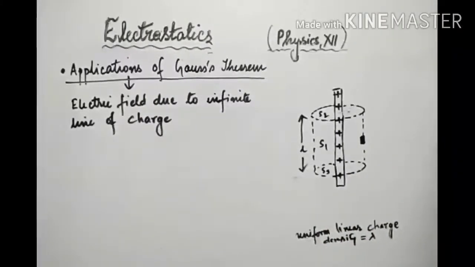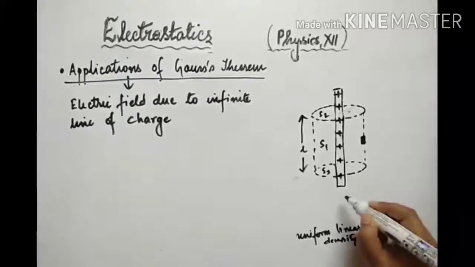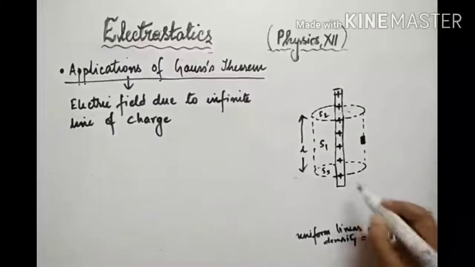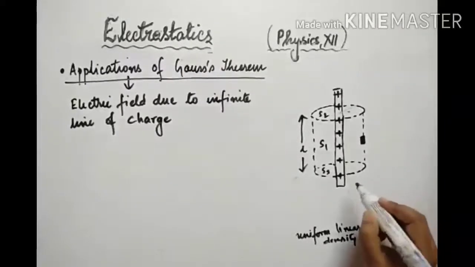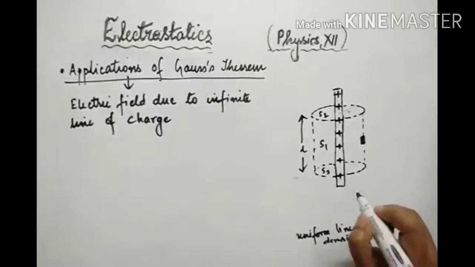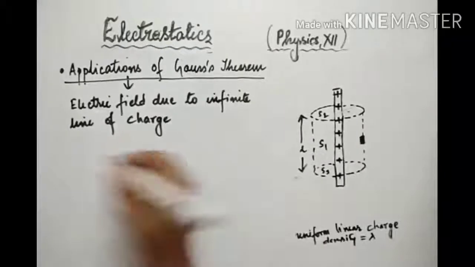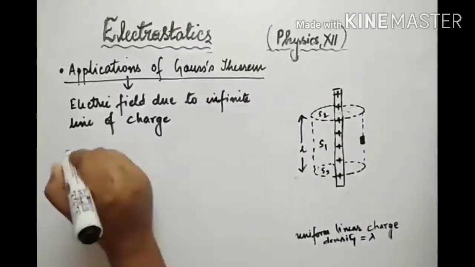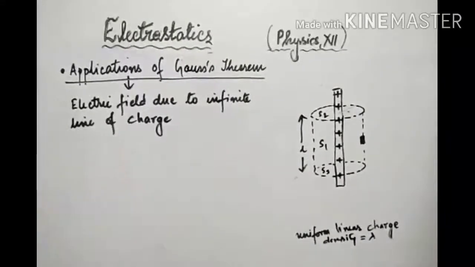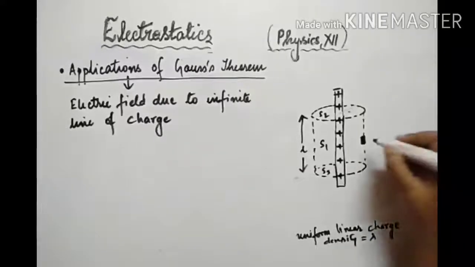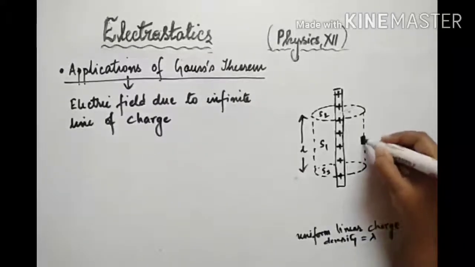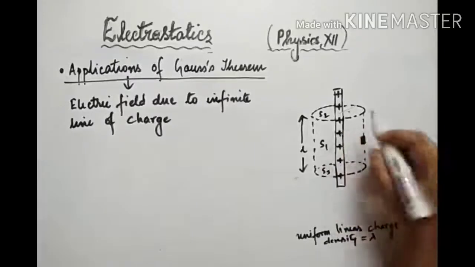Whenever we have to find out the electric field, we can find it in this manner. Before finding the electric field, let us see in which direction the area vector is.